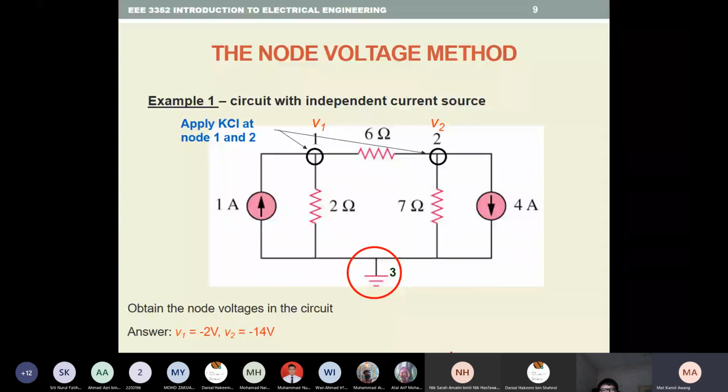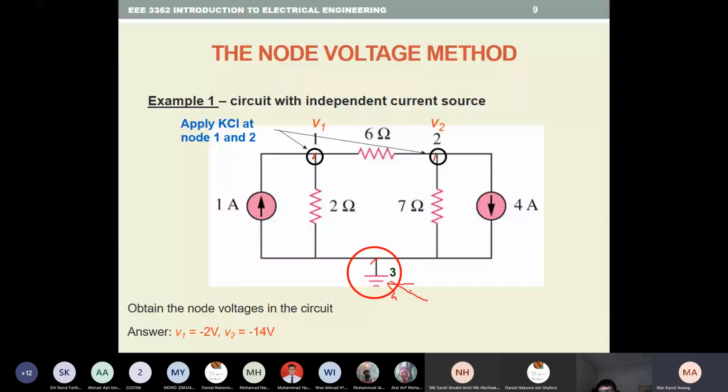And first, you need to identify the nodes. So you have one node, second node, and third node. So from here, you set node 3 as a reference node, as a ground.